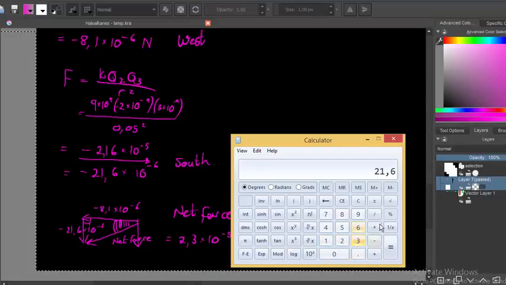88.1 divided by 21.6 gives me the ratio, and then taking the inverse tan of that gives me the angle here, so 69.44.